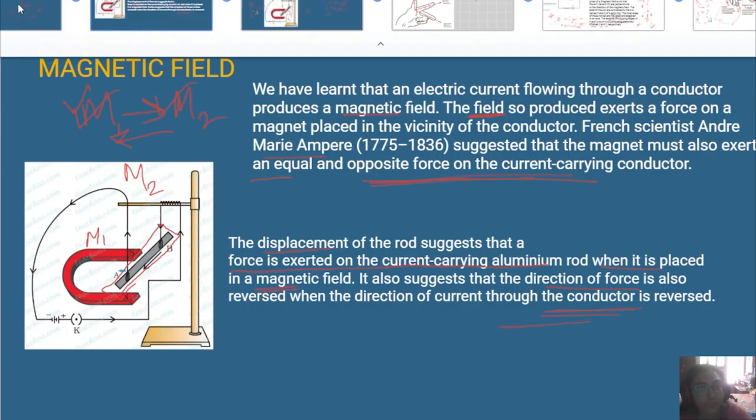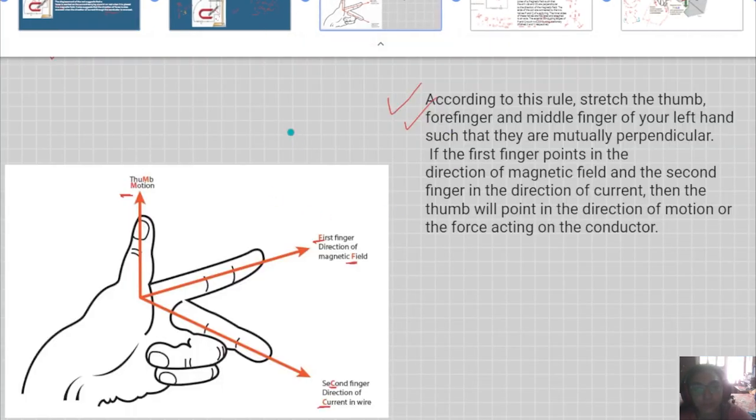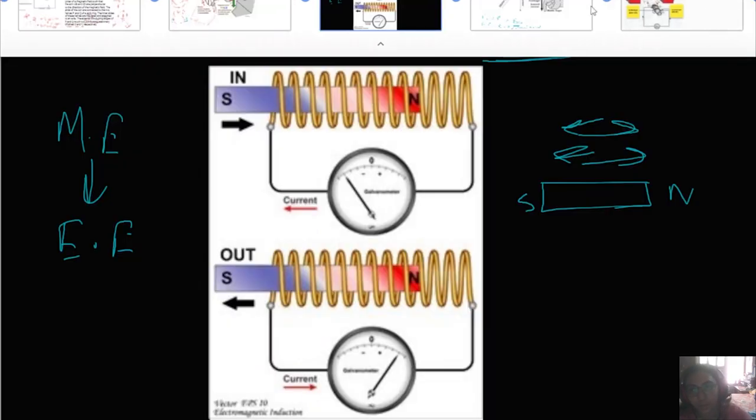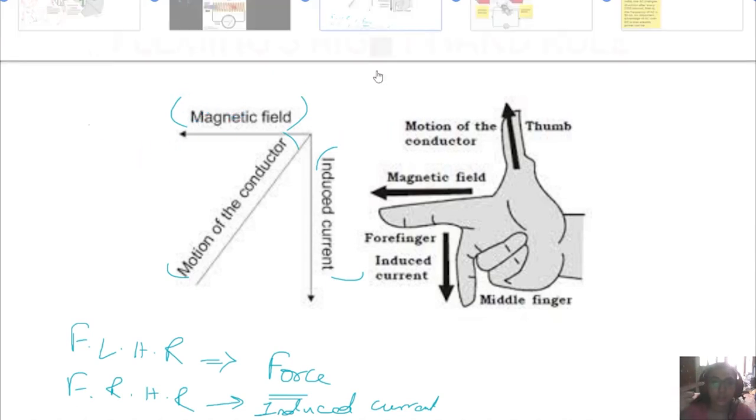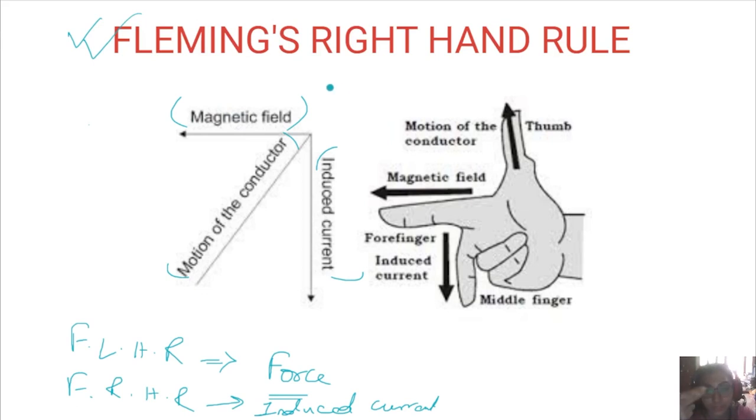If we talk about Fleming's left hand rule, wasn't it exactly similar to what we talked about here, right? Thumb was for motion, first finger was for magnetic field, and second finger was for current, right? And here it is the similar thing: the first finger is for the magnetic field, the middle finger is for the induced current, and the thumb is for the motion of the conductor.